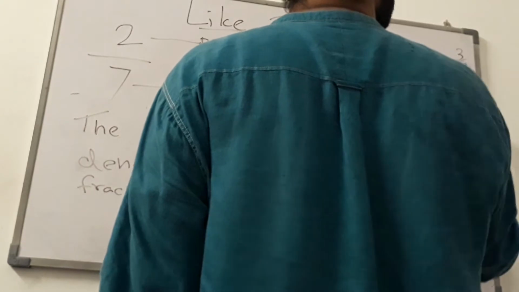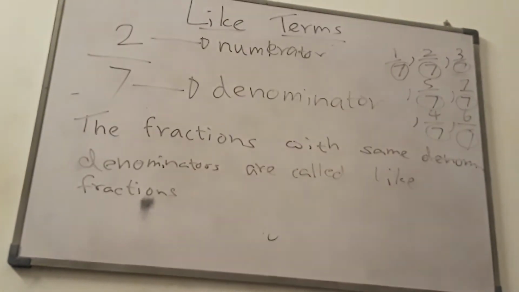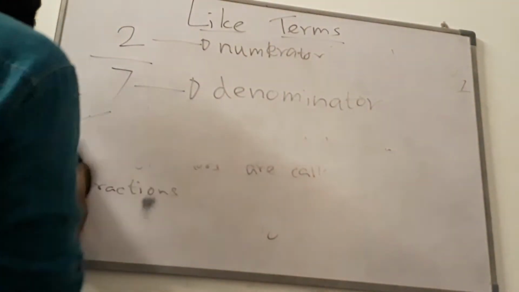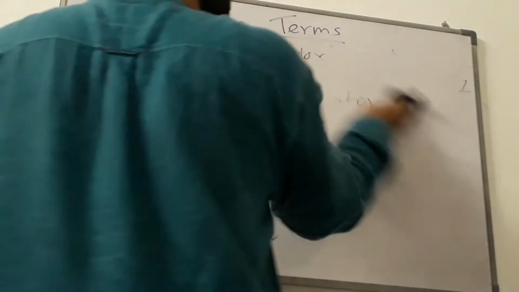Okay, so 1/7, 2/7, 3/7, 5/7, 7/7, 4/7, 6/7. When the denominator is the same, these fractions are called like fractions.